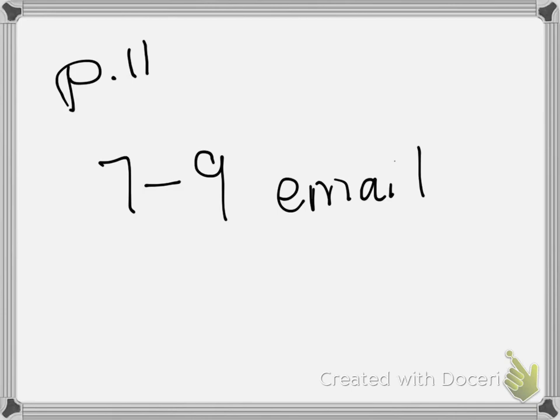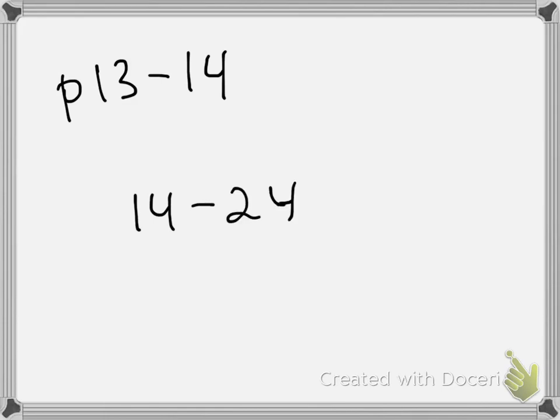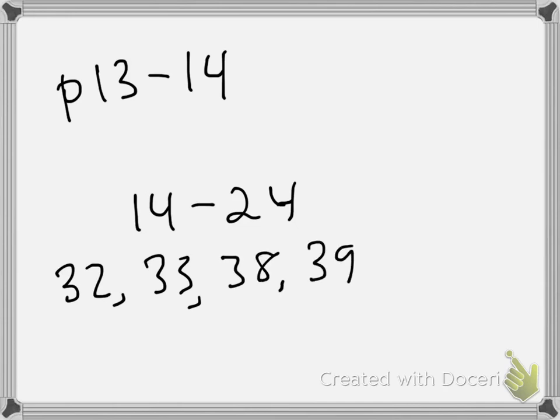And then for the assignment, you're going to be doing pages 13 through 14, and you will be doing all of the problems from 14 through 24. You'll do 32, 33, 38, 39, and 42. All right, and then you will upload those to Canvas.